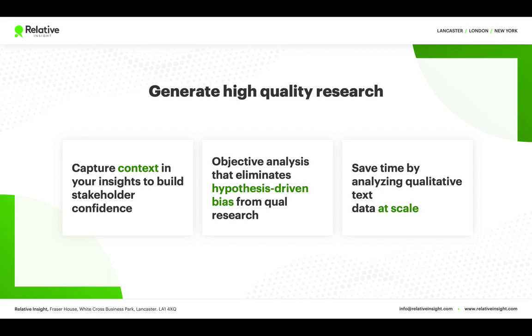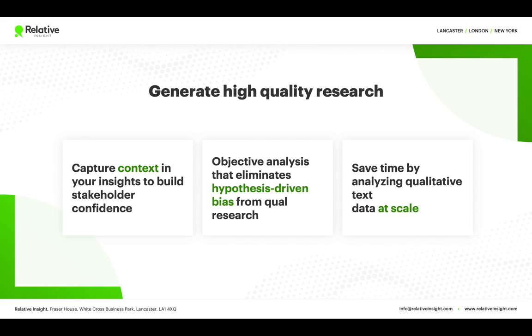Because at the end of the day, your stakeholders need to be confident that the information and the insights you're presenting to them are an accurate reflection of their reality. And while it's at it, Relative Insight also helps deliver objective analysis that eliminates hypothesis-driven bias from the qualitative research process that occurs when this kind of work is done manually by humans.